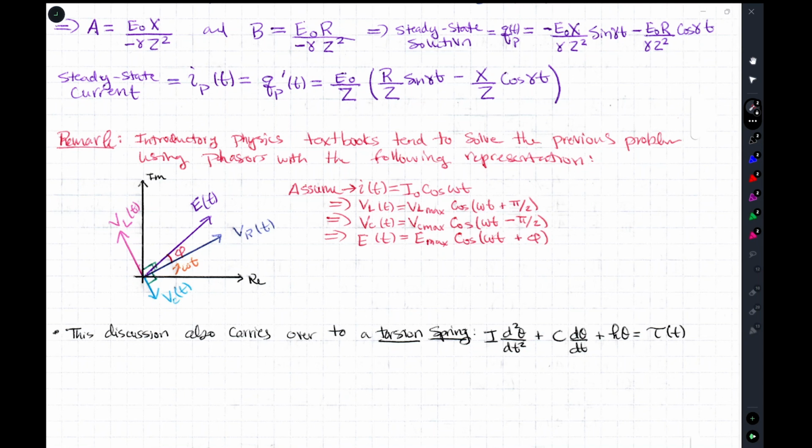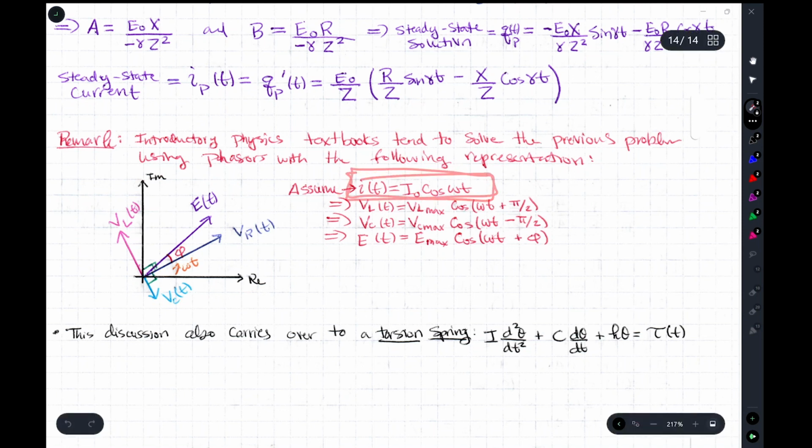But in physics textbooks, they do it quite differently. They don't typically solve the differential equation, but here we actually solved it. Of course, more advanced physics is all about the differential equation. But in introductory physics courses, they use phasors. They'll assume that the steady state current has this form. Just make that assumption.